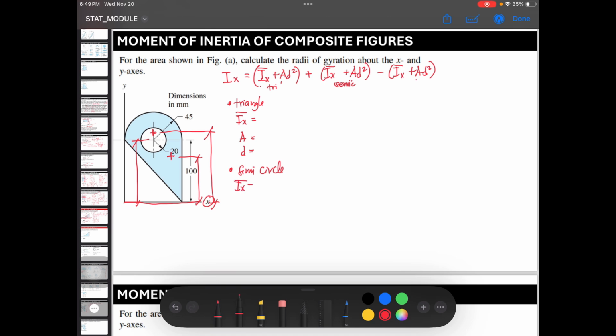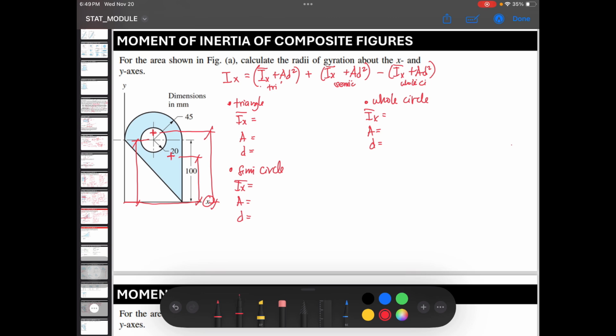Kunin natin Ix bar niya, yung area niya, and its distance. Next, si whole circle. Kunin natin Ix bar, area niya, and its distance. Unahin natin yung madadali muna.